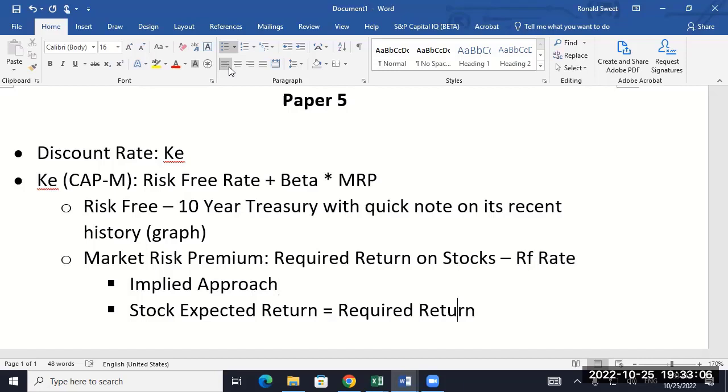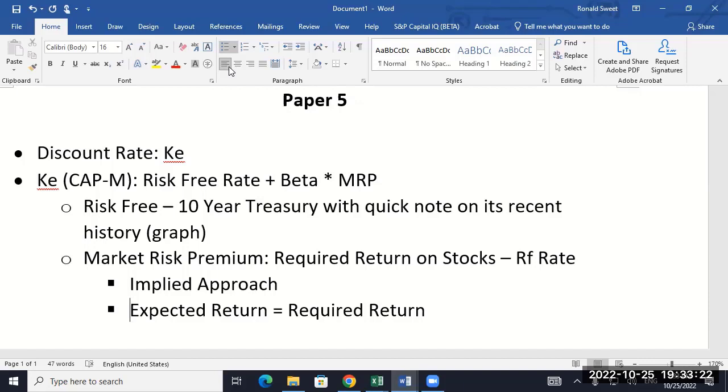The implied approach says a stock's expected return should equal the required return. We can't get the required return anywhere, but we can come up with the expected returns. So you just say that in your paper in your own words.